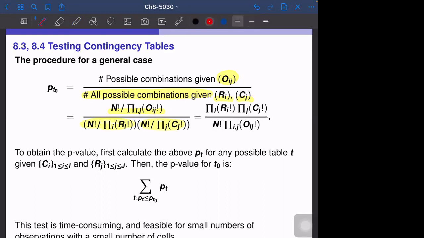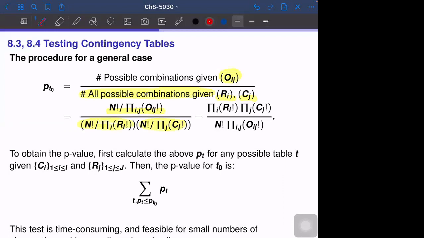Last time we multiplied, so the combination, this is 6 choose 3, and the other one, 6 choose 2. And we generalize it into multiple rows and multiple columns and general numbers.